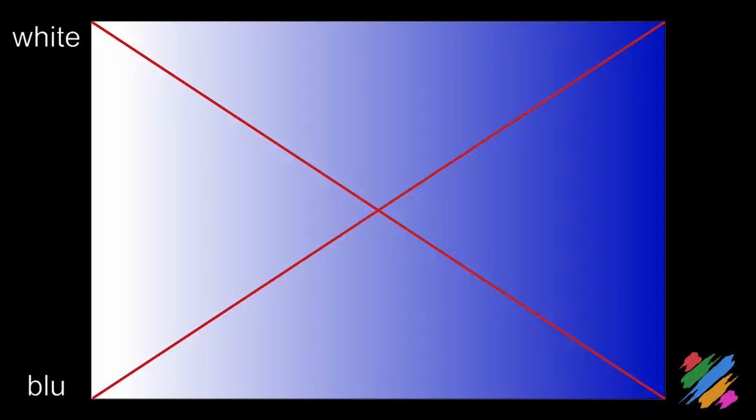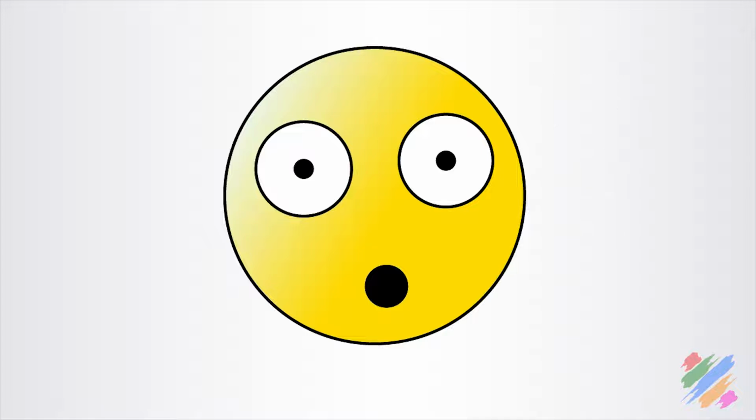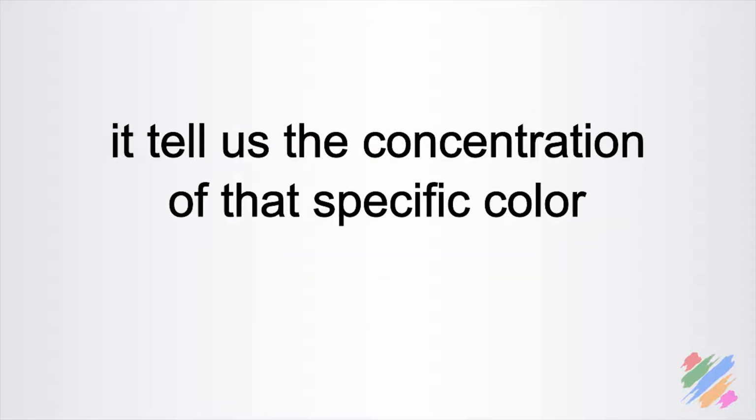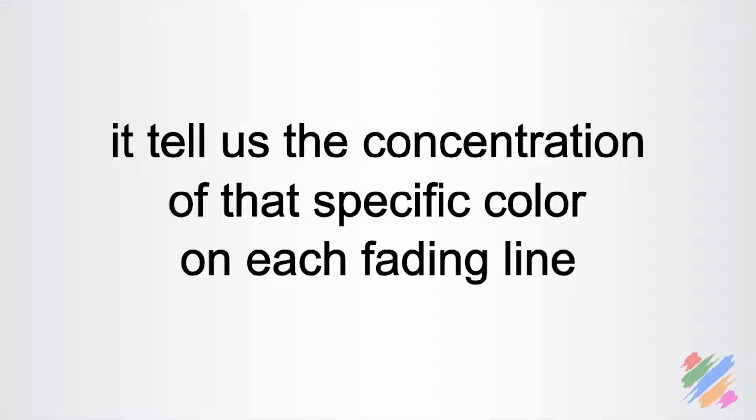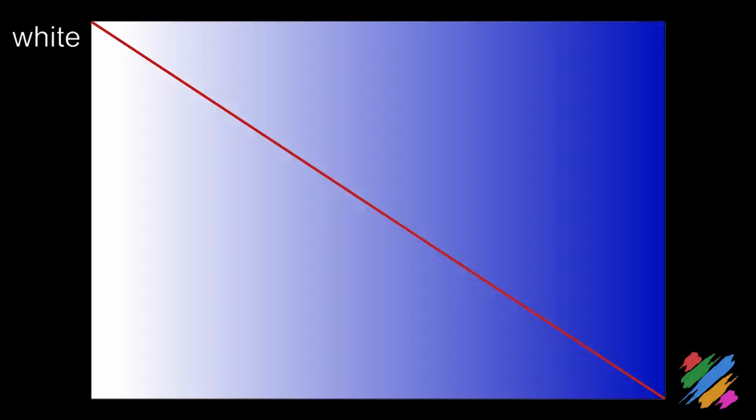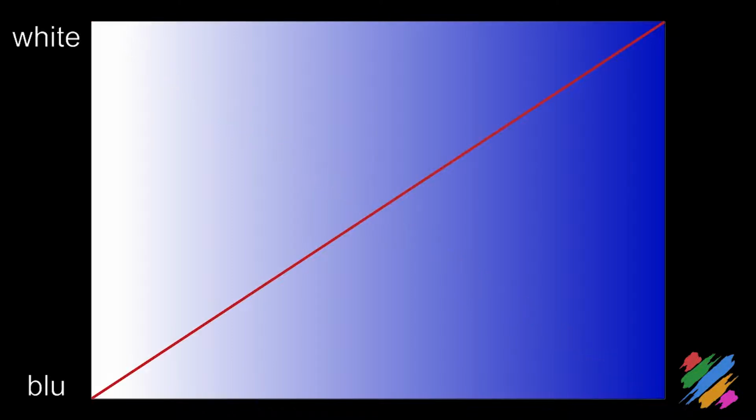To start, we're going to focus on the transition curve. What does it represent? It tells us the concentration of that specific color on each fading line. So in this case, the white fading curve is this, while the blue is this other.